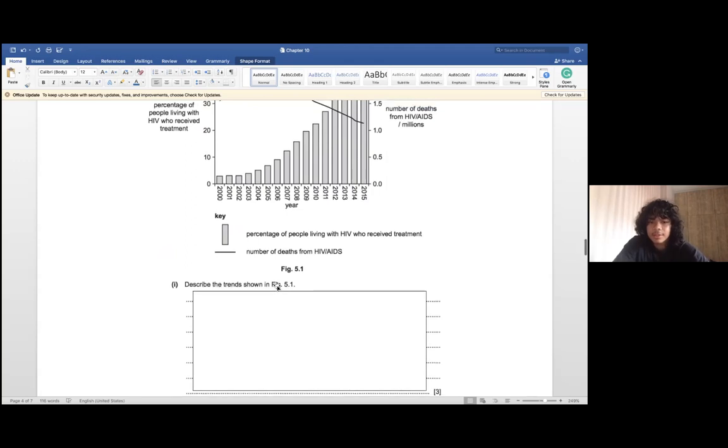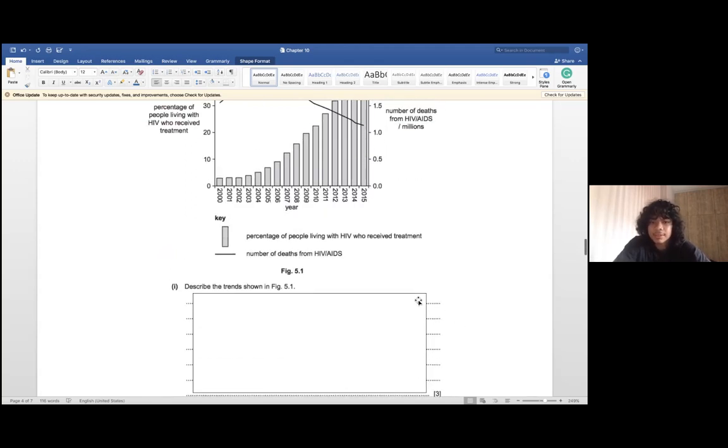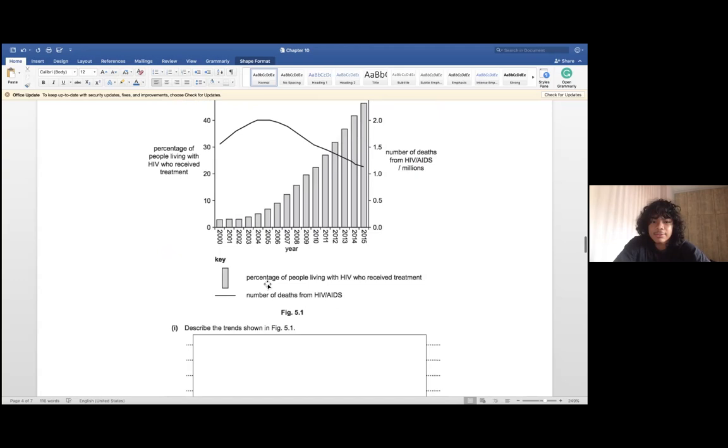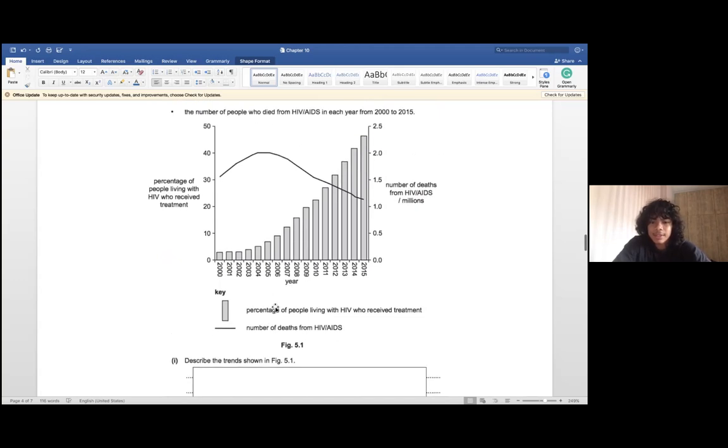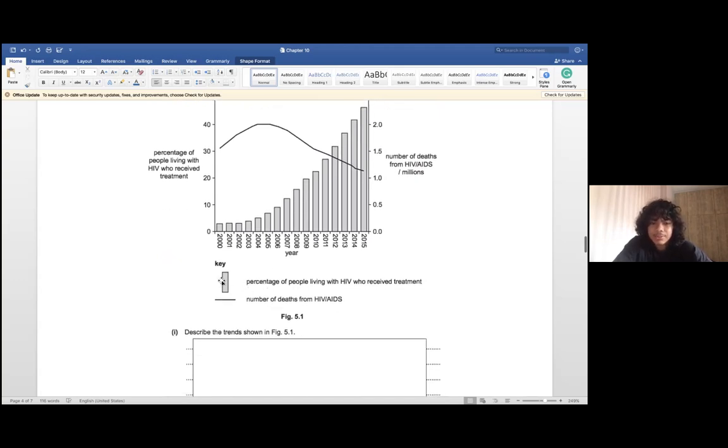So over here, the question is just worth 3 marks, and you have 2 keys. So what you can do is you can either explain two points from the percentage of people living with HIV, and then 1 point from number of deaths, or vice versa. But according to the mark scheme, they give two points from here and then 1 point from here.